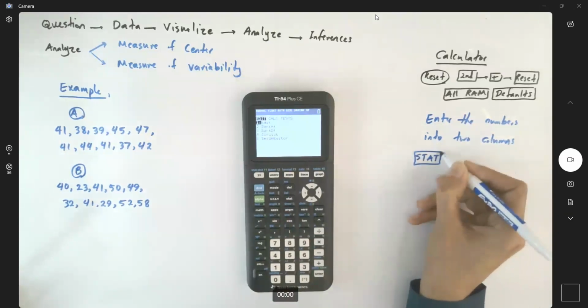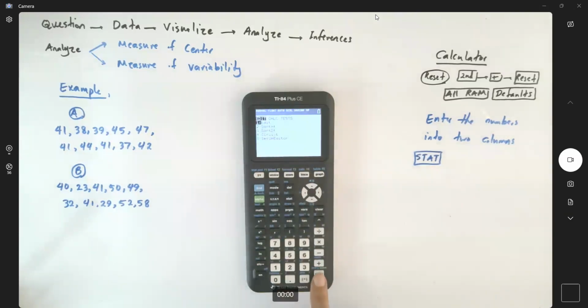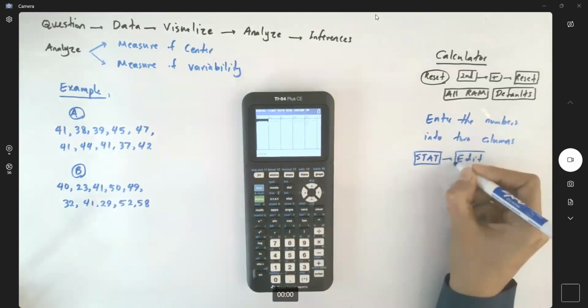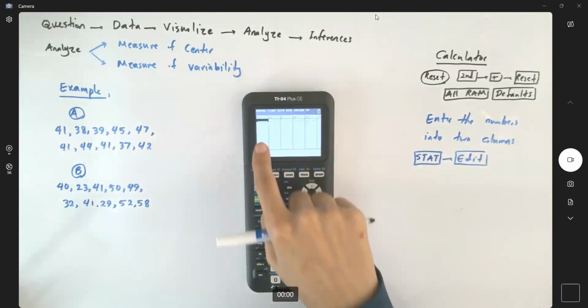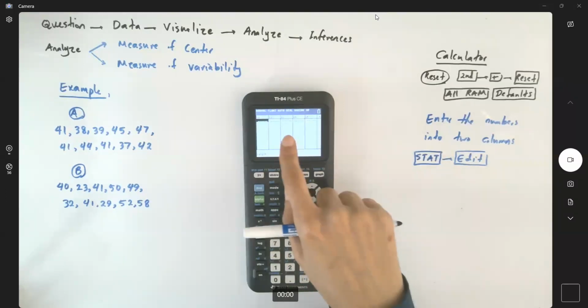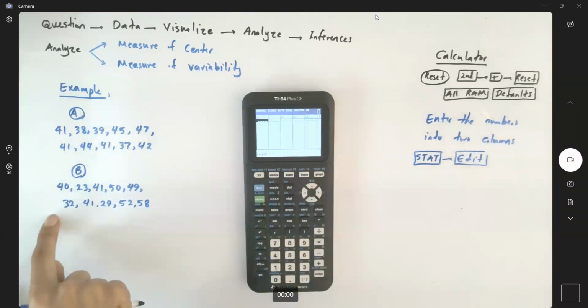This is our very first step. Then go to edit. So edit is already on edit, enter. You have two columns, L1 and L2. Of course, you have more columns here, but we don't want to use these. Why is that? Because we only have two data sets.